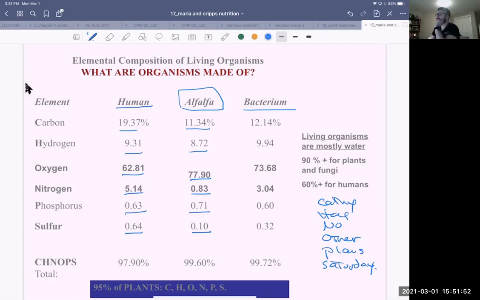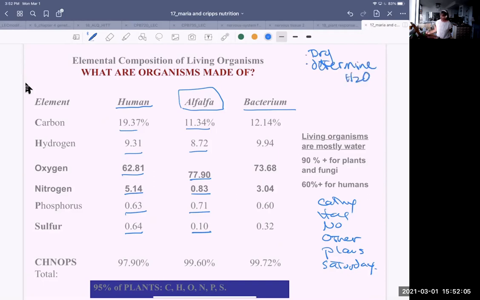Well, we can dry it out first and see what's the percentage of water first. Great. Okay. Determine water. Good. And so now you've got this dry, dehydrated portion. How will you determine what's in there?